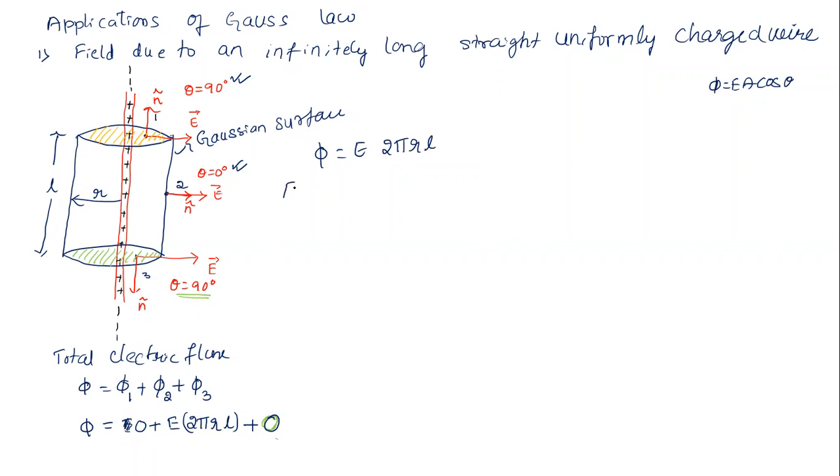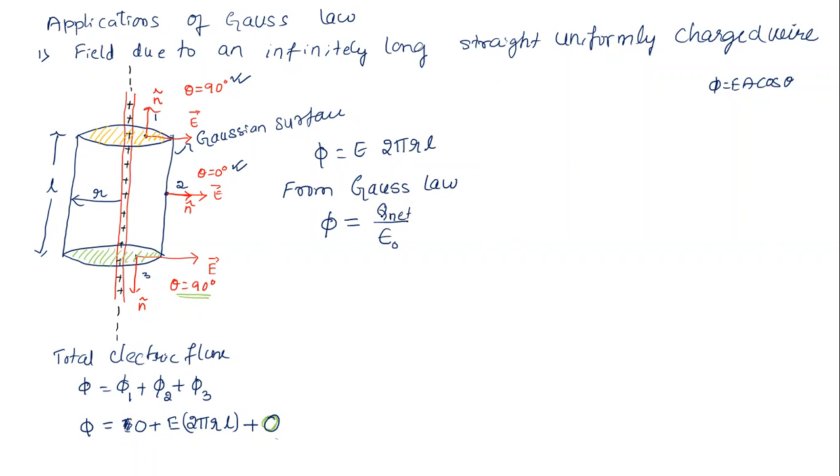Now I'm going to use Gauss law. What does Gauss law say? The total flux through any closed surface is equal to the net charge enclosed by the surface divided by epsilon naught, where Q is the net charge.